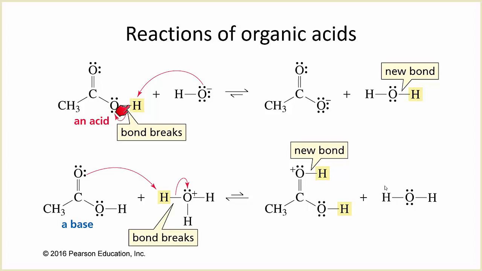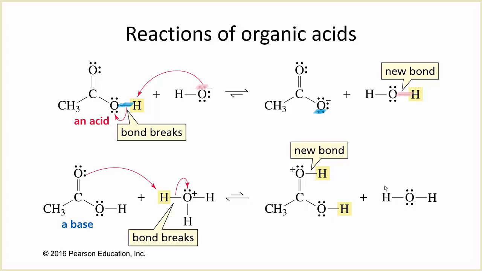And then this bond needs to break and it has to go towards the oxygen. There'd be too many electrons for that hydrogen. So that means this pair of electrons, in essence, becomes the new bond. And then this pair of electrons, which is that bond, comes back to the oxygen it was attached to.